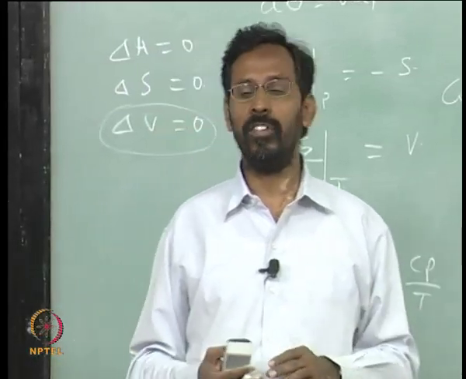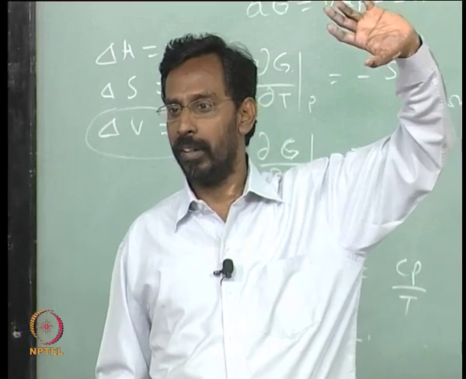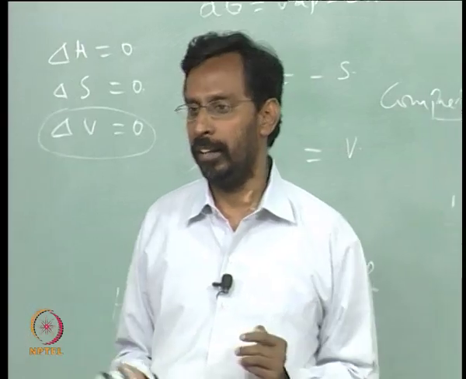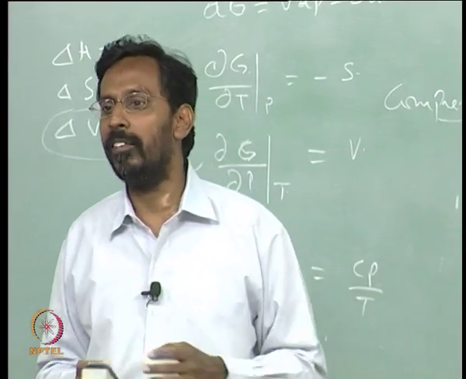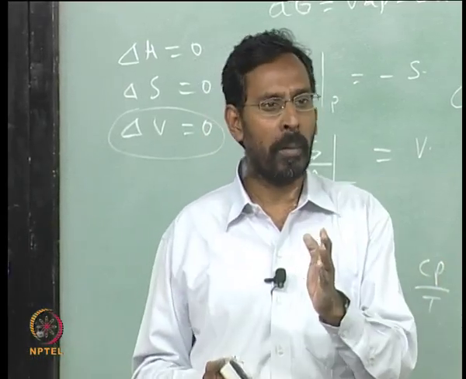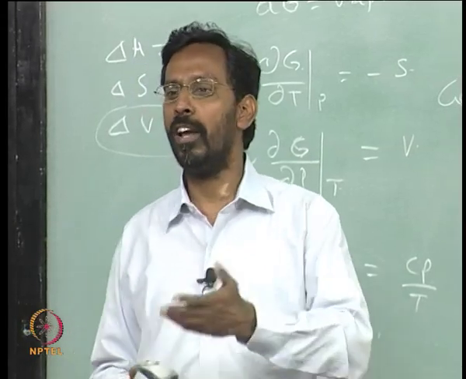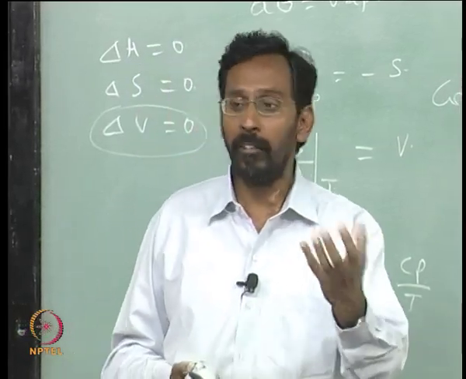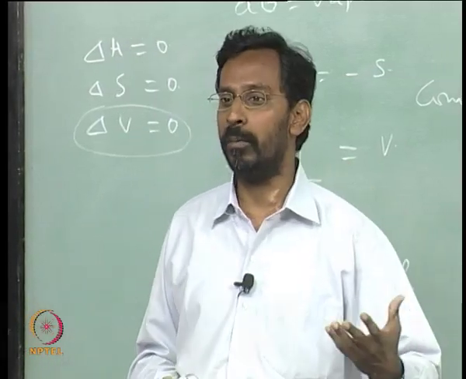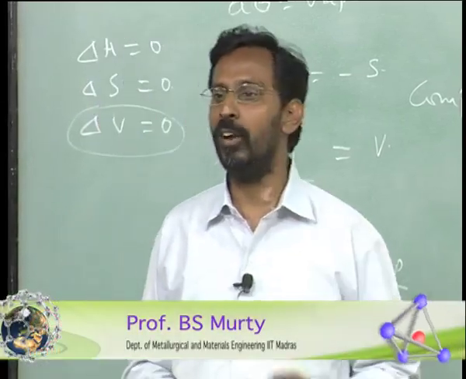But there are a number of systems where one of the elements has a very large quantity, let us say 70%, and the remaining elements put together are about 30. You do not expect a very high entropy, because configurational entropy, as all of you know, goes to a maximum at the center of the phase diagram. So high entropy alloys are those alloys where you take equiatomic compositions. Let us say a 5 component system with 20% of each element, that really gives you a very high entropy.